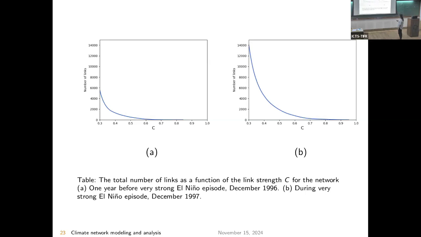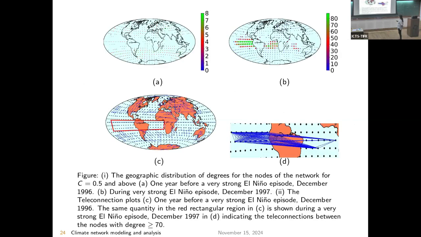And you see the number of links, the scale is somewhere around 7,000 or something, so the total number of links is quite high, and you also see the highly correlated links. So these things can also be used as precursors for the El Nino.